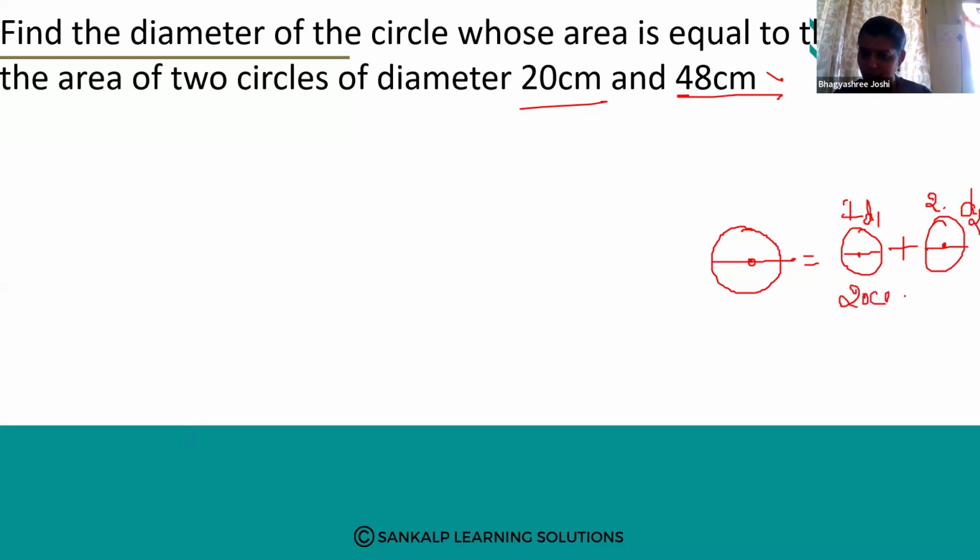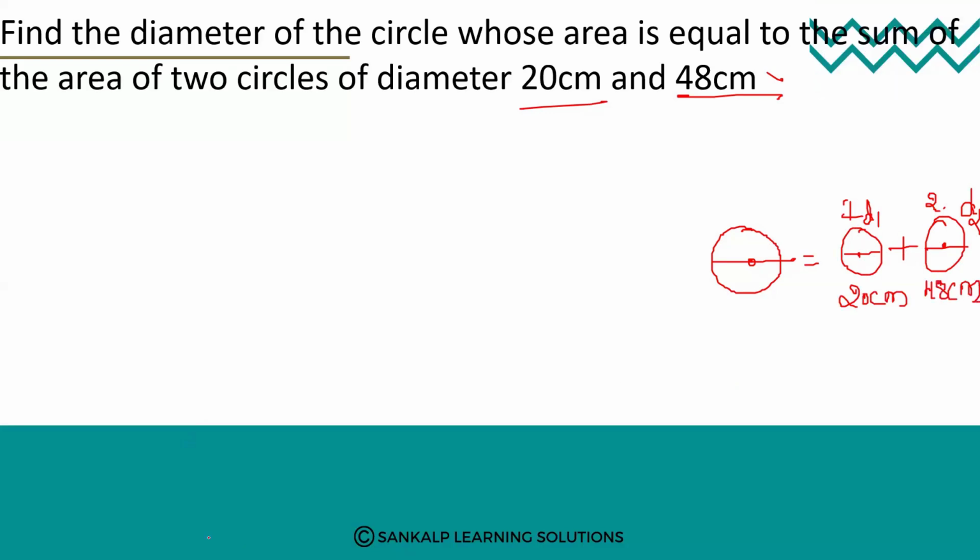Next, write down D1 is equal to 20 centimeter and D2 is equal to the diameter of the second circle, that is 48 centimeter.